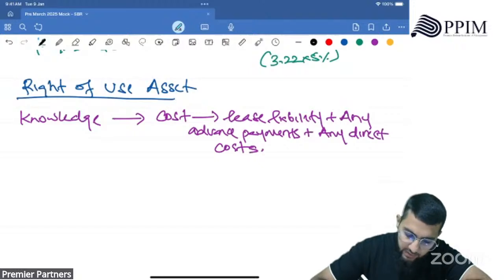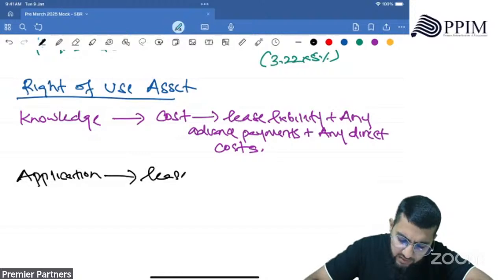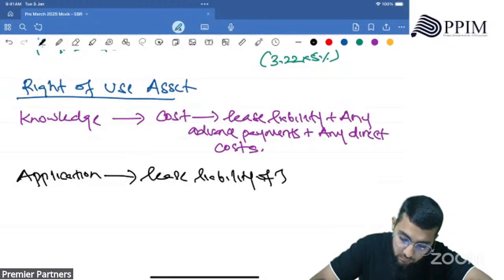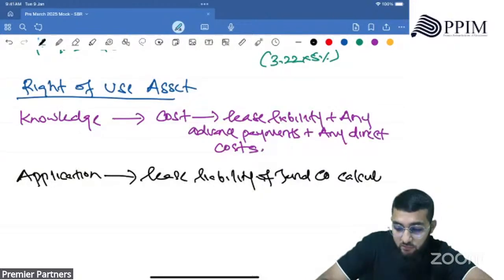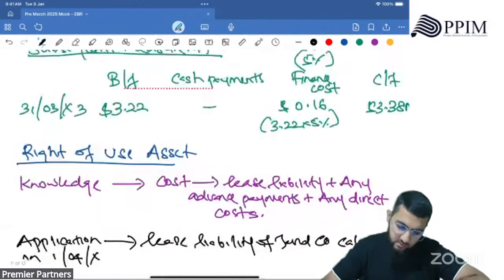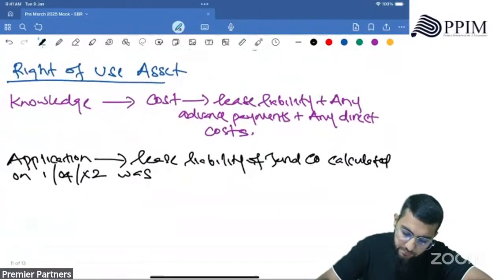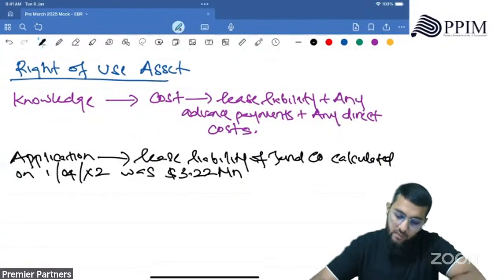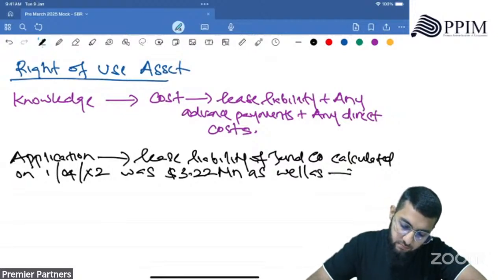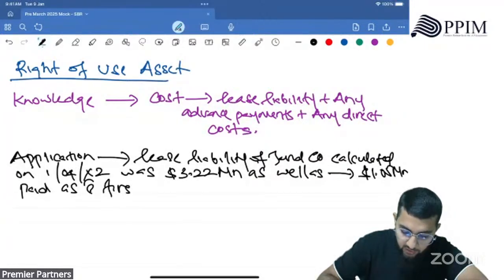Now we have to apply to the scenario. Here you bring in lease liability of ArivuPro calculated on 1st of April X2, which was 3.22 million, as well as 1.05 million paid as the first installment in advance.